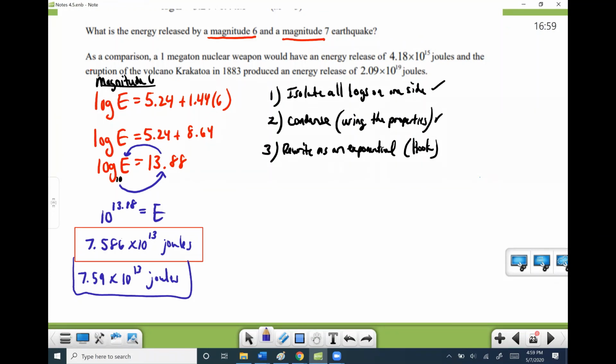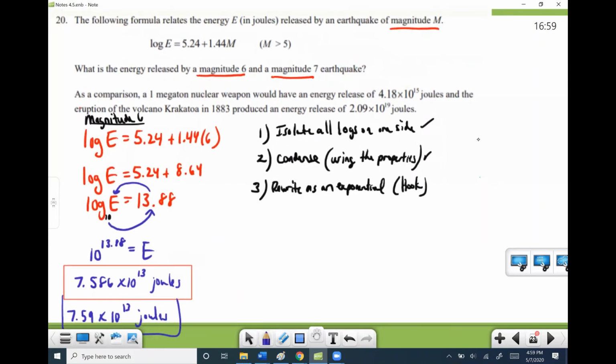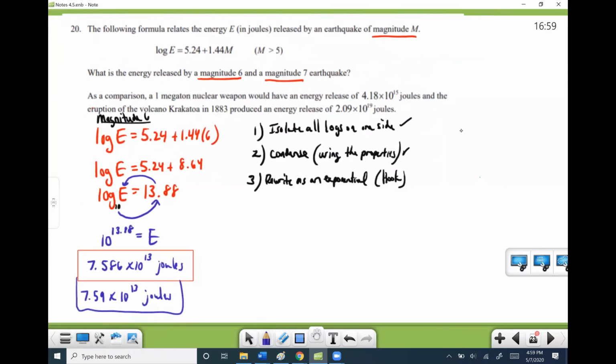All right. I'm probably not going to do 7 just because it would be the same thing, you guys, right? We would just plug 7 in instead of 6. And so I'm sure that you guys could copy that.